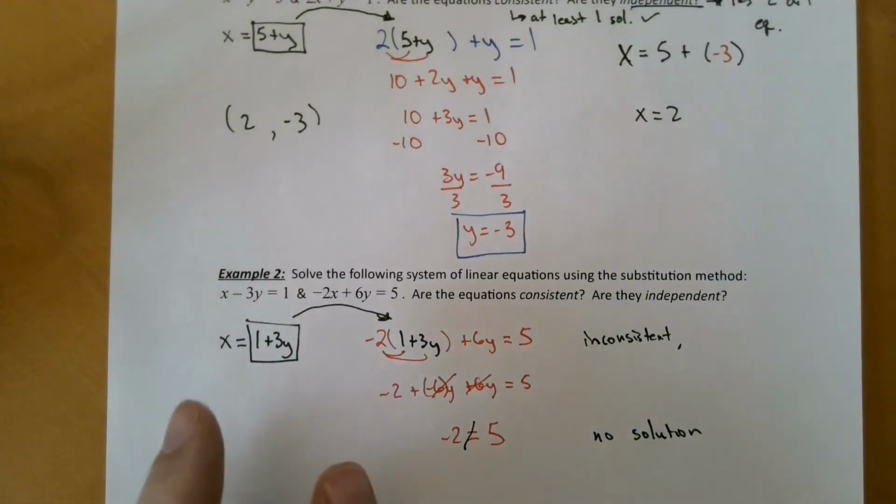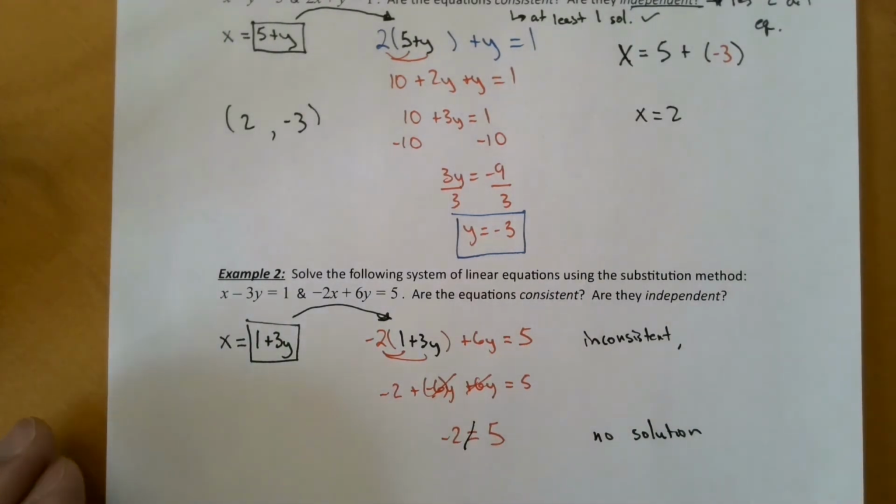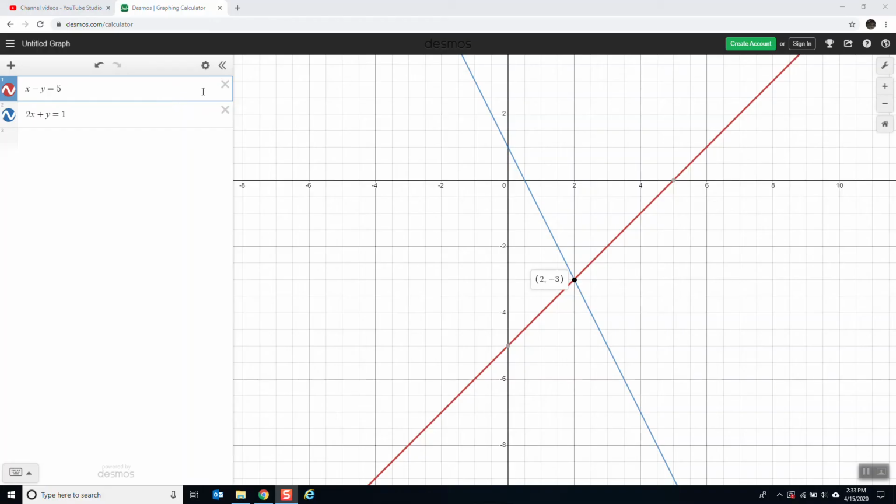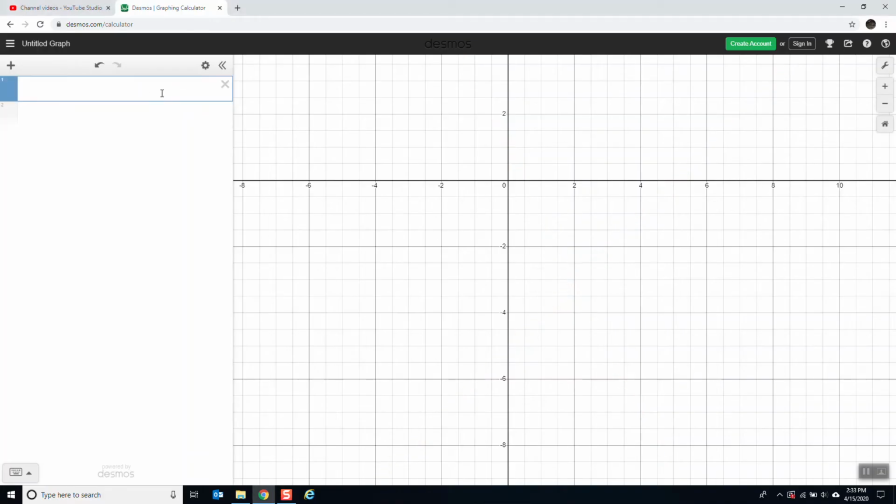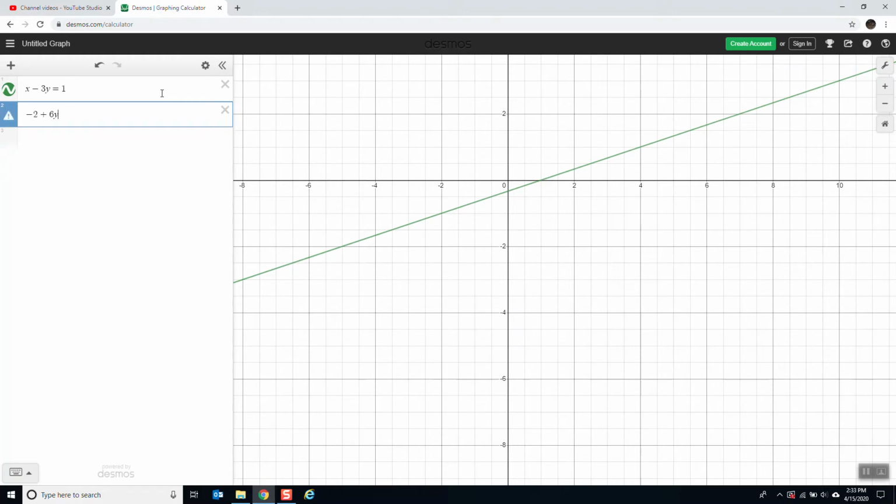So let's graph it in Desmos, and then do a little analysis of how else we could tell they're parallel. So x minus 3y equals 1, and negative 2x plus 6y equals 5.